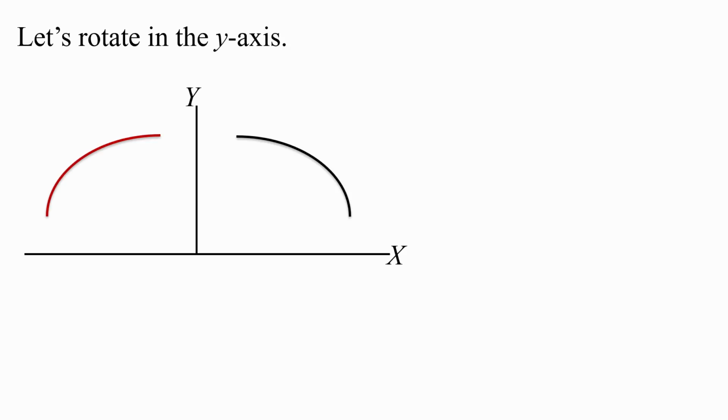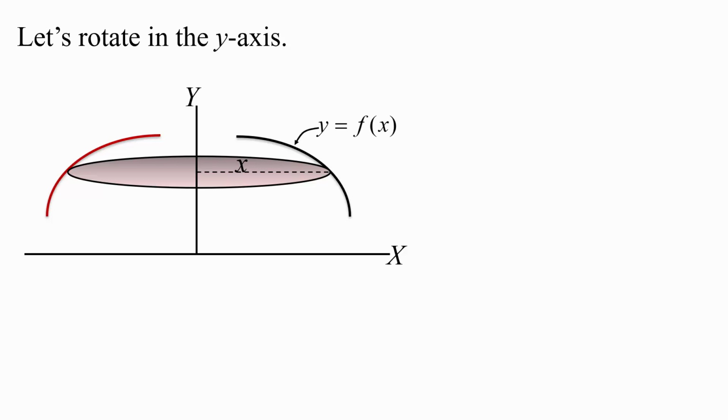Now let's look at a similar case where we rotate in the y-axis, and we can do a similar sort of thing. There's a slice parallel to the x-axis, a circle again, but this time the radius is x. There's our function y equals f of x, and we are going to sum the areas of the circles between a and b along the y-axis.